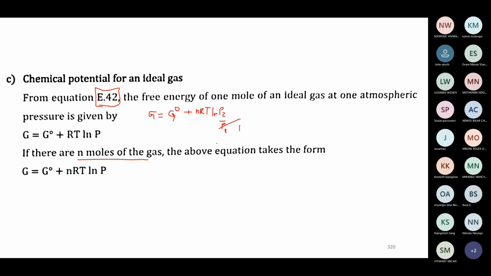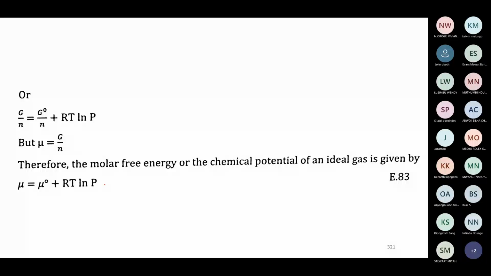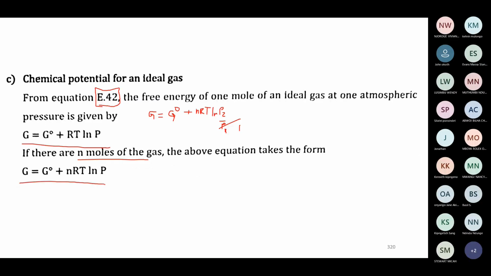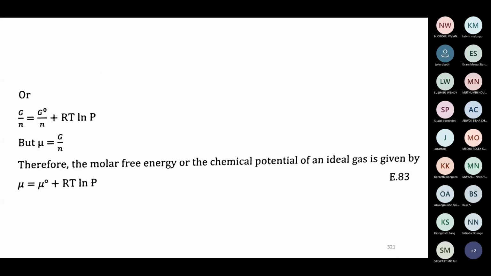So at pressure P2, this would be the expression for G when you have 1 mole. But when you have n moles, this would be the expression for G. So for n moles, you can divide throughout by n. It becomes G over n equals G naught over n plus RT ln P.